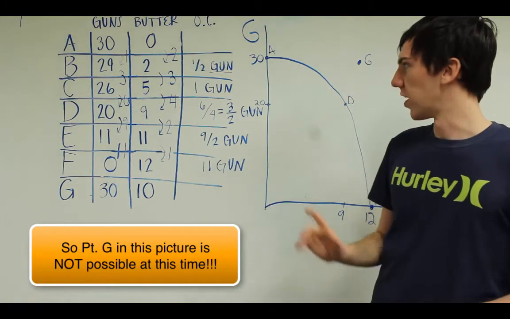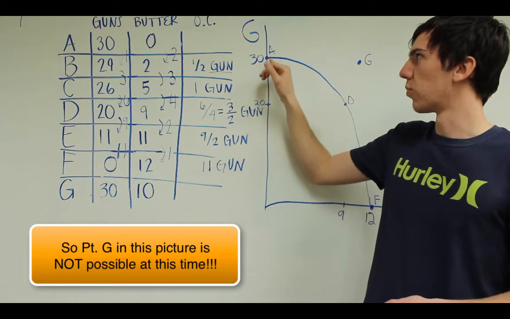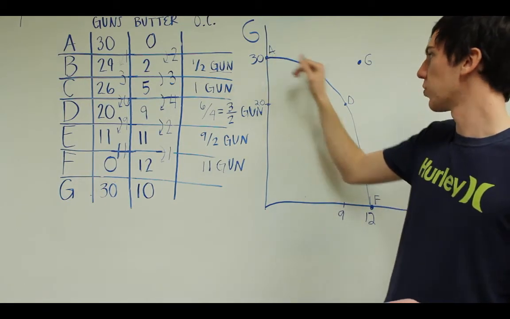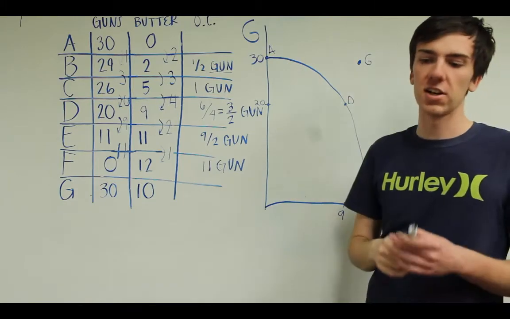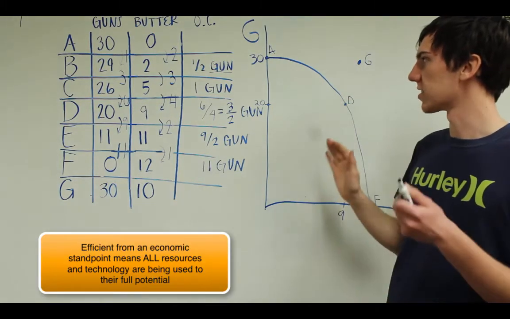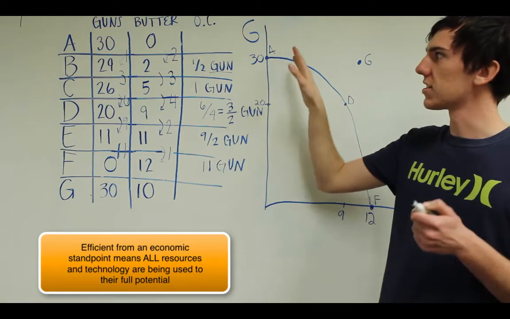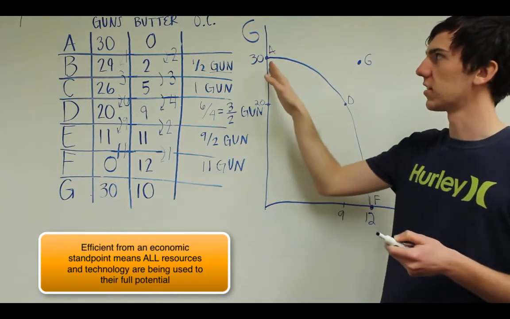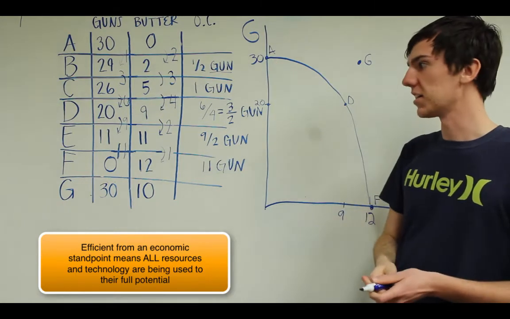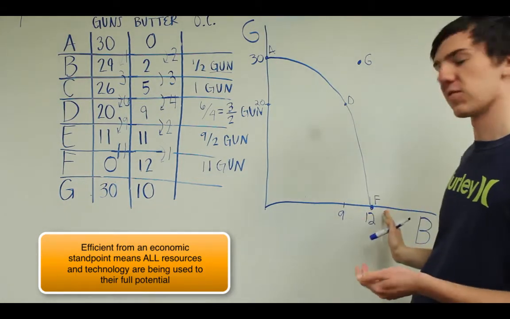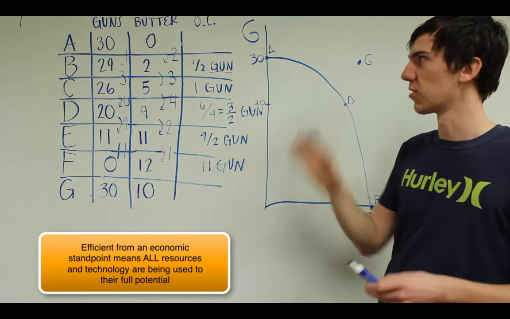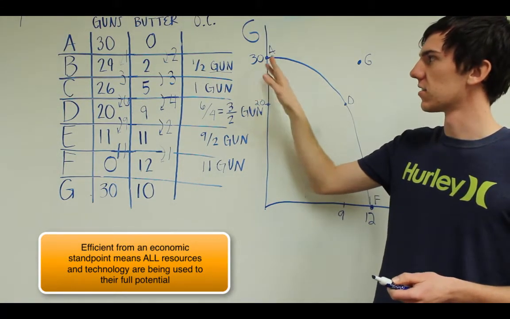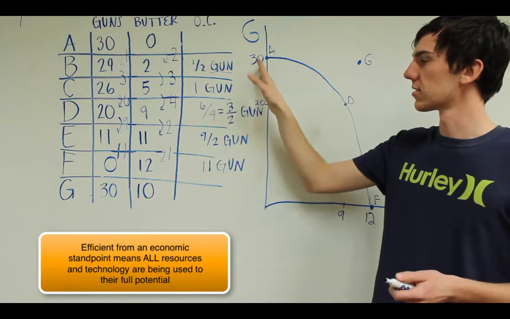First, we're going to talk about what each of these points means. Any point that's on the curve, we consider efficient. At point A, everybody in the economy is working to produce guns. Even if somebody's a butter maker, the government or some entity says, we're all going for guns. So this economy is able to produce 30 guns.